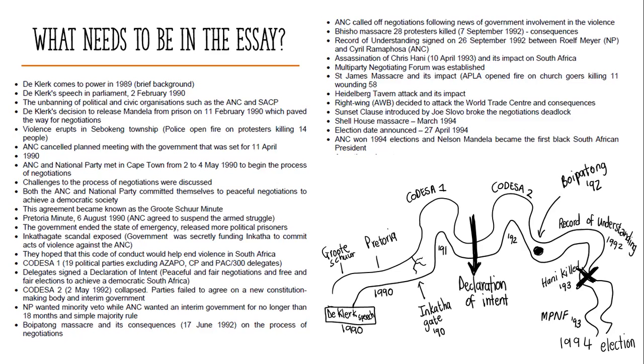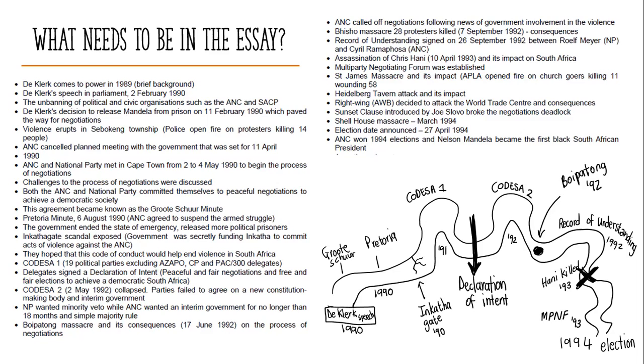At CODESA 1, they start discussing a new constitution. They start discussing how the new South Africa is going to look, and how the government will function in this transition period. How are you going to go from apartheid to democracy? You can't just flip a switch and go from apartheid to democracy.